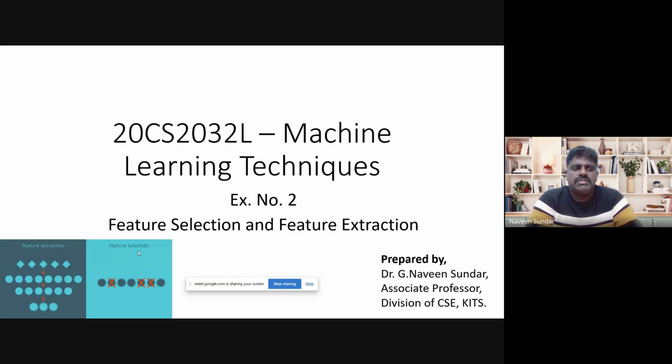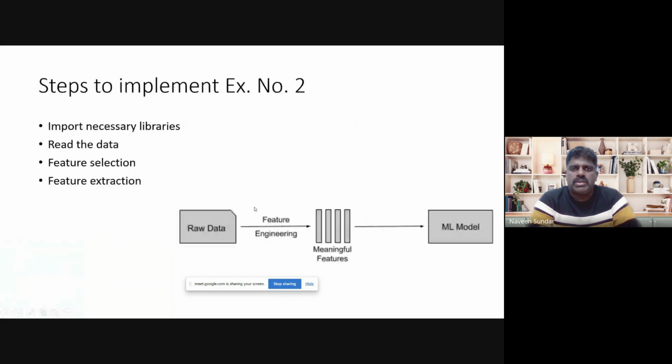And then feature extraction means we are going to transpose the data and we are not going to miss any information which is present inside. Mainly we are doing this process to improve the accuracy before entering into the machine learning model.